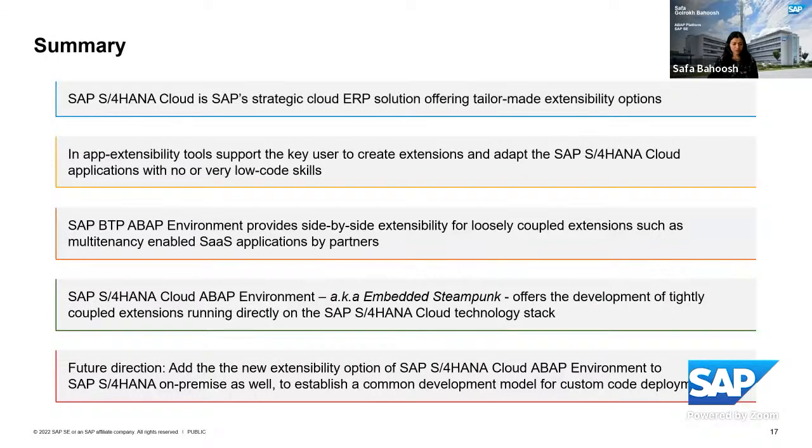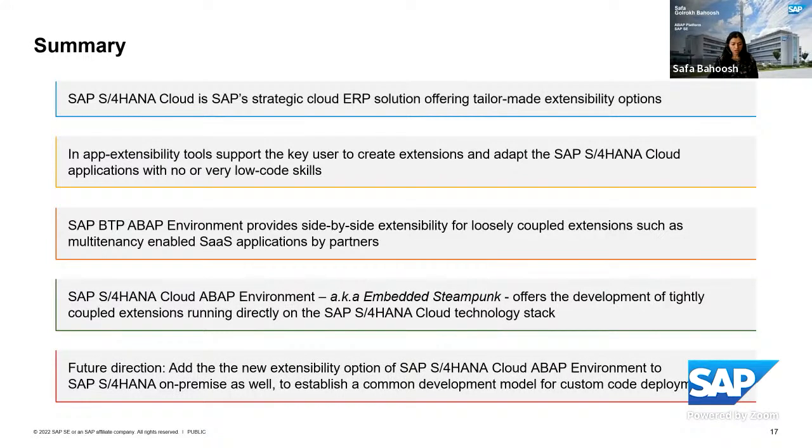As I already discussed, we still have classical extensibility using the development tools you have as of today in the on-prem world. Then we have the combination of in-app extensibility and the new developer extensibility, as well as the side-by-side extensibility. And as said, the use cases for side-by-side don't change from what they are today.